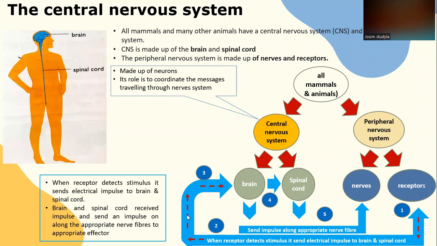From step 2, it goes to step 3. That means it sends the impulse to the brain and the spinal cord. The brain and the spinal cord receive the impulse and then send the impulse along appropriate nerve fibers to the appropriate effector.